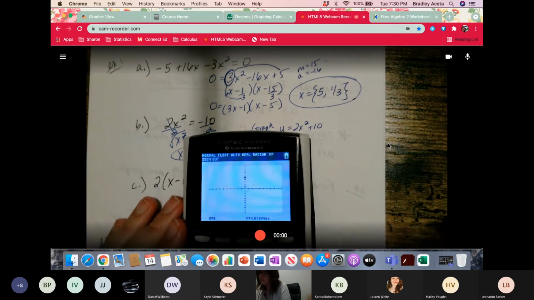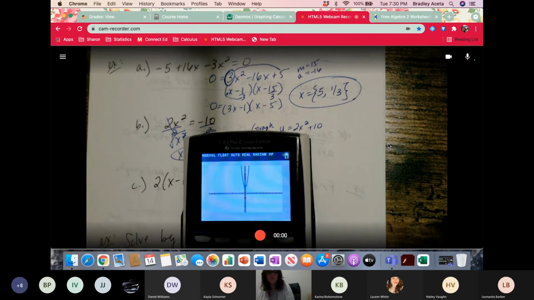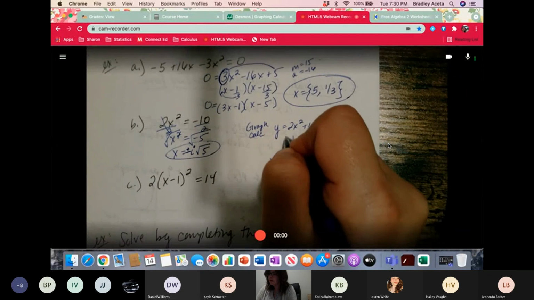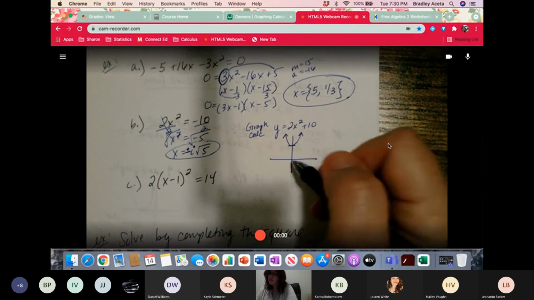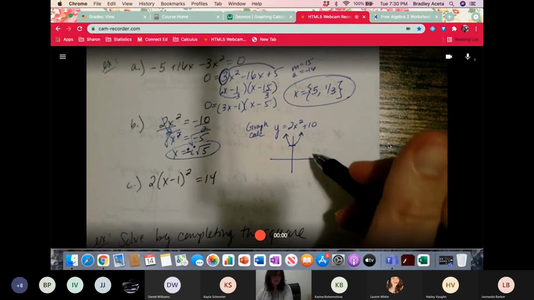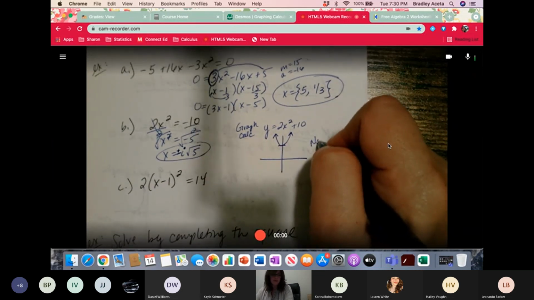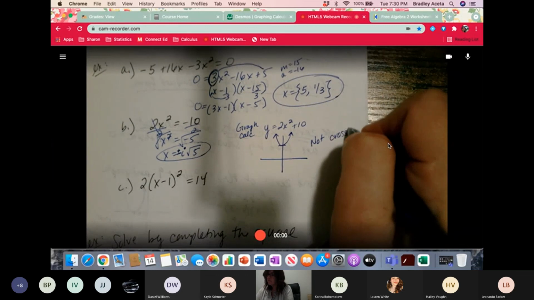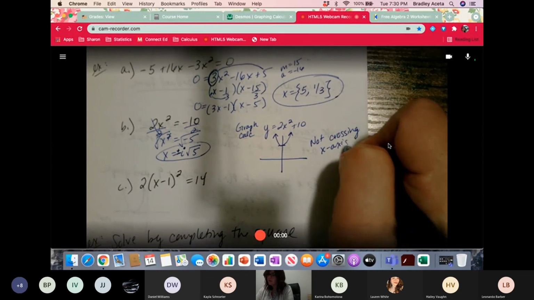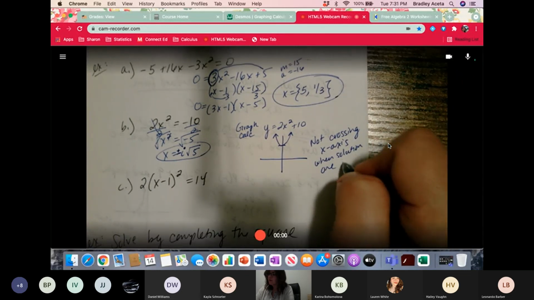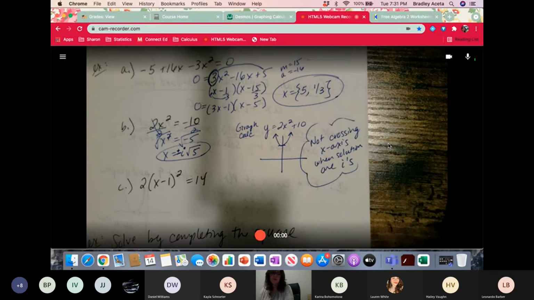Let's go up a little bit. There it is. Right, this graph has been shifted up 10. Look at that. It's not crossing the x-axis when it has imaginaries. Not crossing the x-axis when the solutions are i's. Interesting stuff.